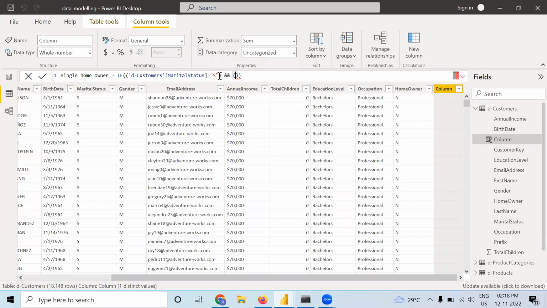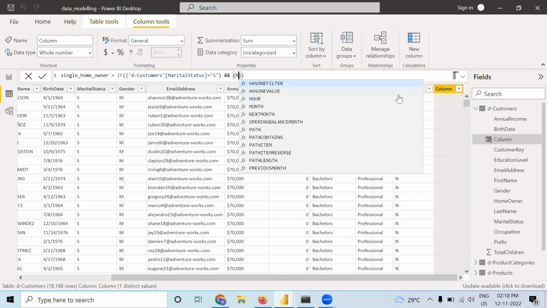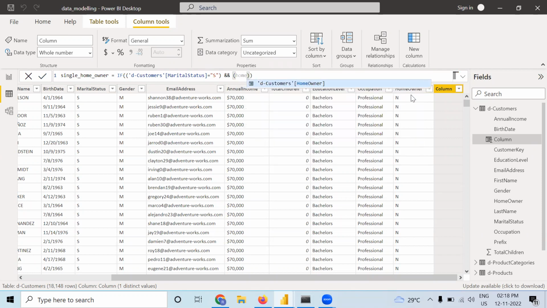The next condition is that the person is a homeowner, is equal to, within quotes, capital Y. So these are the two conditions.